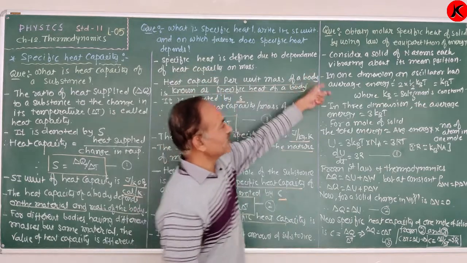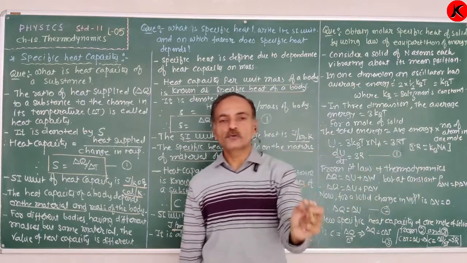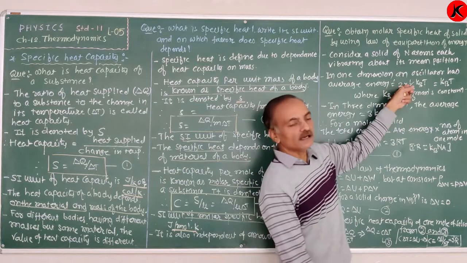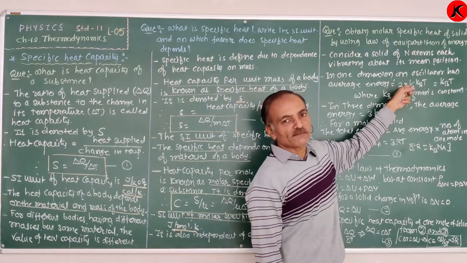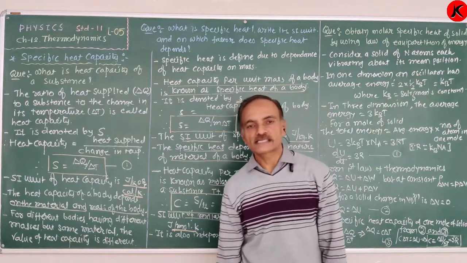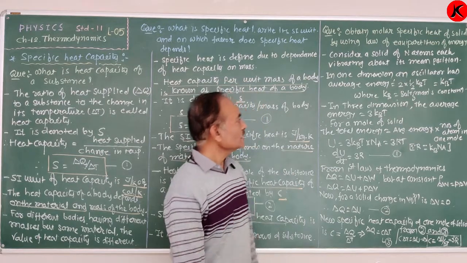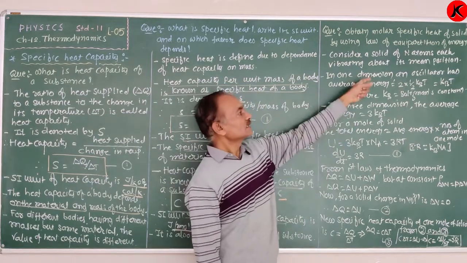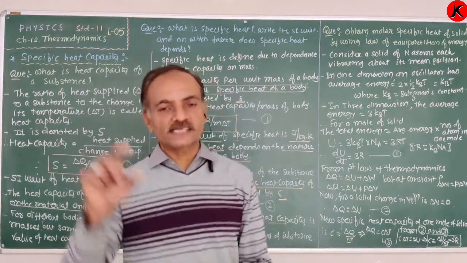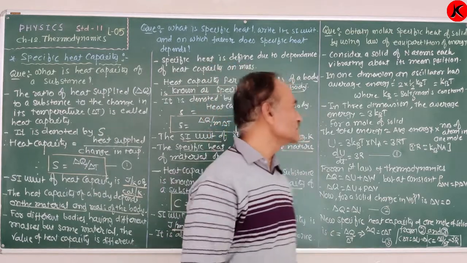Therefore, in one dimension, an oscillator has the average energy 2 into half kBT, where 2 represents the possible independent motions, which gives only kBT. In 3 dimensions, there are 3 different types of motion along the x-axis, y-axis and z-axis.